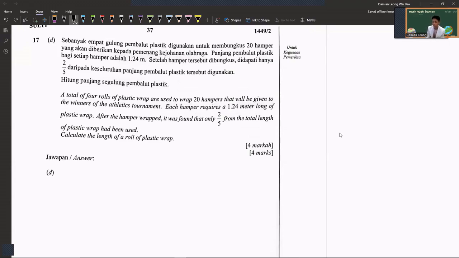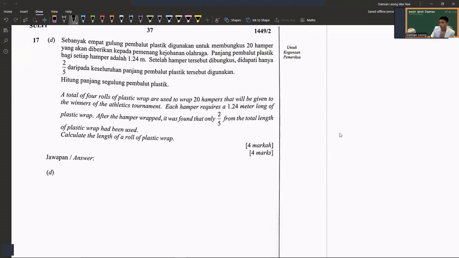So 20 hampers, 4 rolls of plastic wrap, each hamper 1.24 meters long, then 2 over 5 from the total length of plastic wrap has been used.